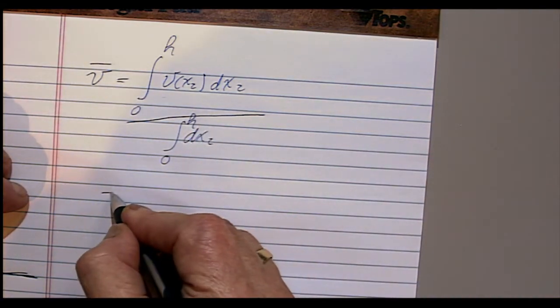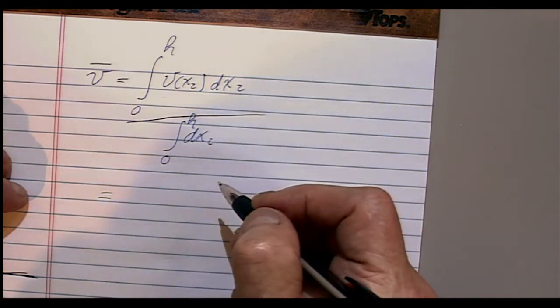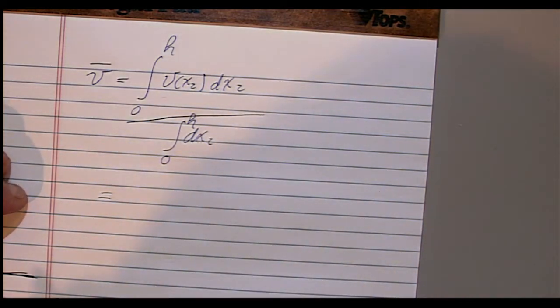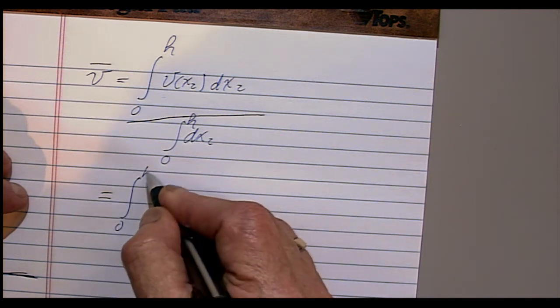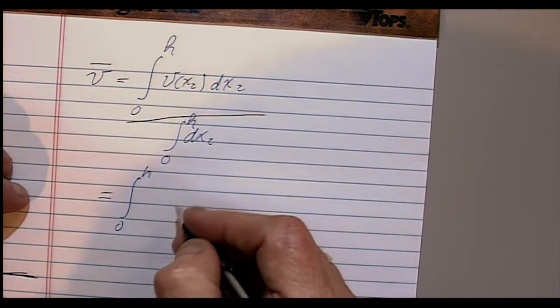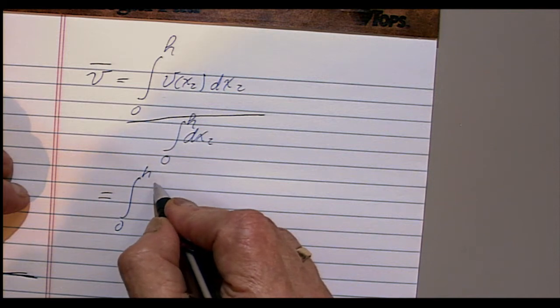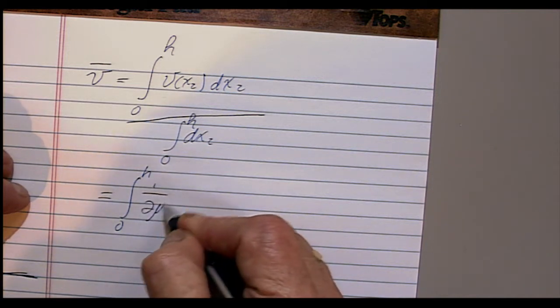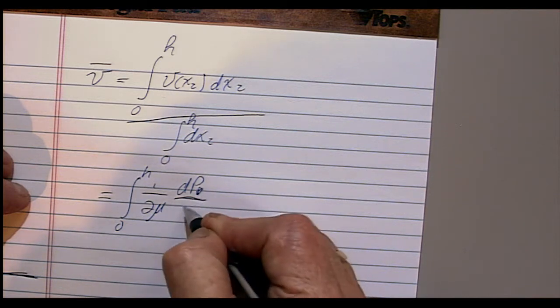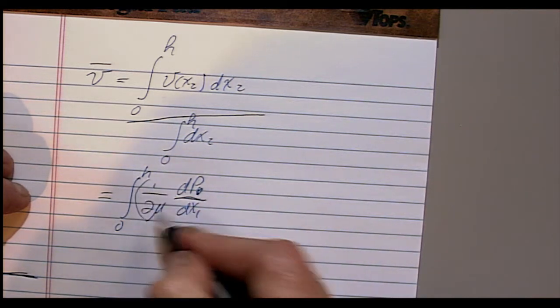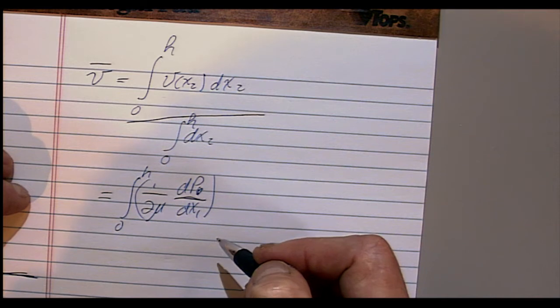And we had the expression for the case where we have flow between two fixed parallel plates. It's going to be the integral from 0 to h. And that velocity just looked like 1 over twice the viscosity times the pressure gradient, dp with respect to dx1. All of that's constant, so we can take it out of the integral.